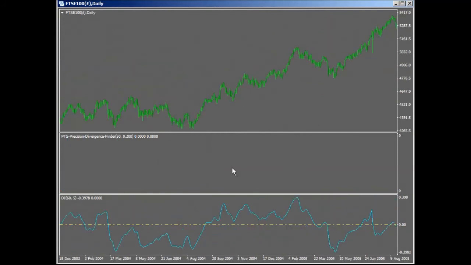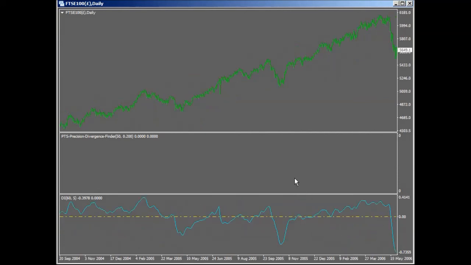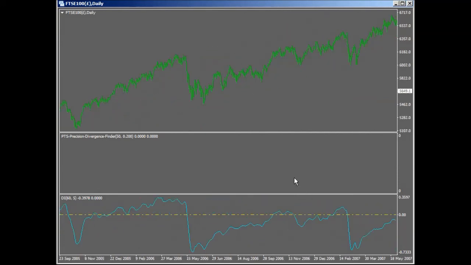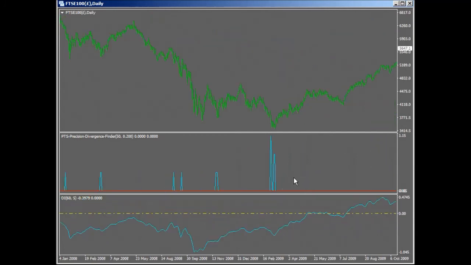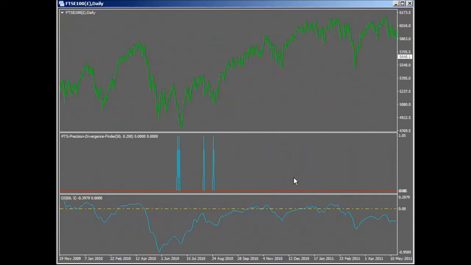One of the most obvious is the crossing of 0 as a significator of an uptrend, and the crossing below 0 as a downtrend. And you've got the extreme peaks and extreme lows. So here's an extreme low.